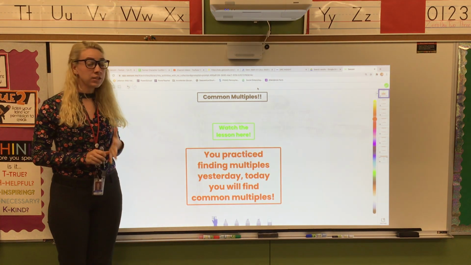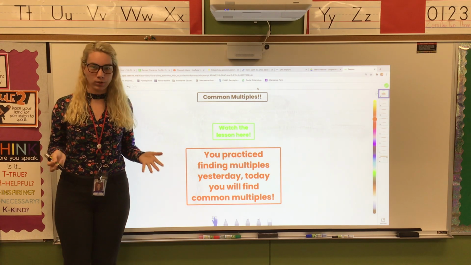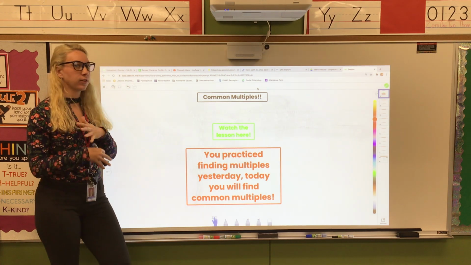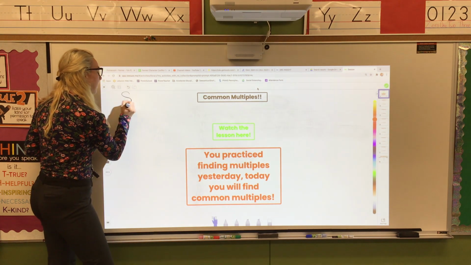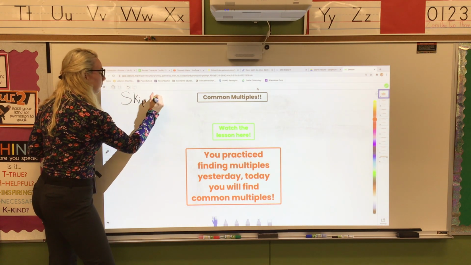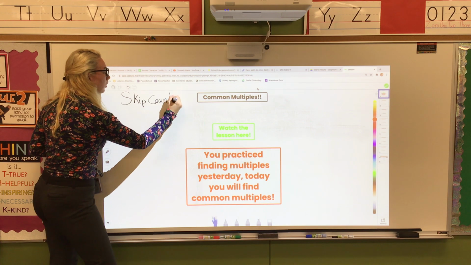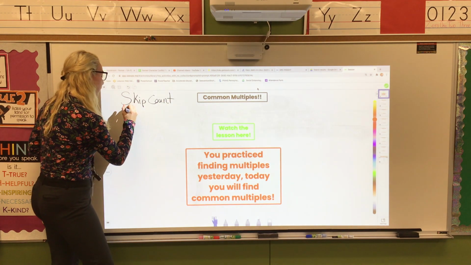Alright guys, yesterday we worked on finding multiples. We figured out how to find multiples. Remember, you could skip count. You could use repeated addition.